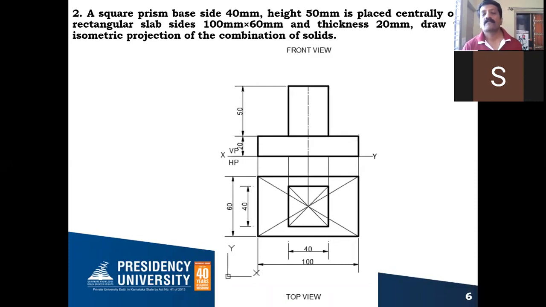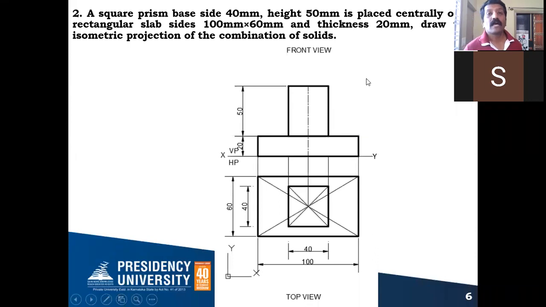Afterwards, when you see the same combination of solids from the front side, your rectangular slab will look like a rectangle. Only height I can show. And your square prism also will look like a rectangle. How to draw this? You draw the vertical projector from all the points like this. What is the height of the base solid, that is the rectangular slab? 20 millimeter you take and construct this rectangle of 100 by 20.